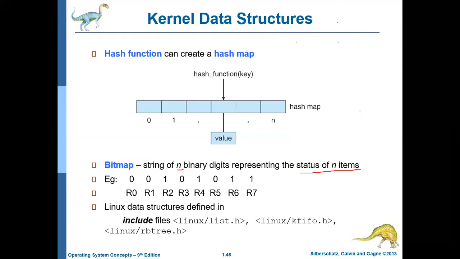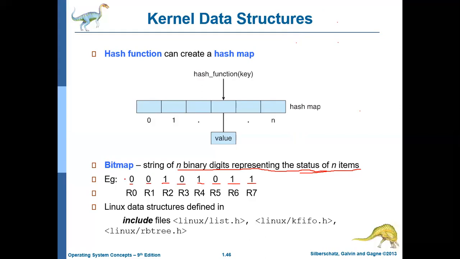Basically it is a collection of binary strings which represent the status of different resources. For example, we are using an 8-bit bitmap. There are totally 8 bits, the 0th bit, first bit, second bit, up to the seventh bit, so 0 to 7, 8 bits.